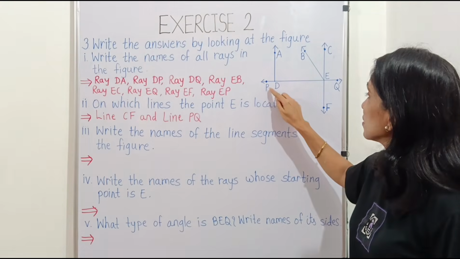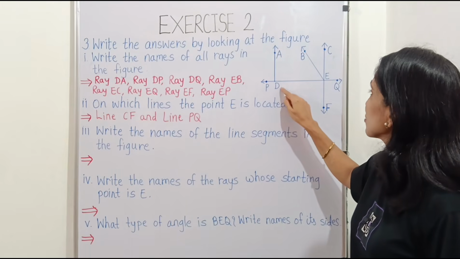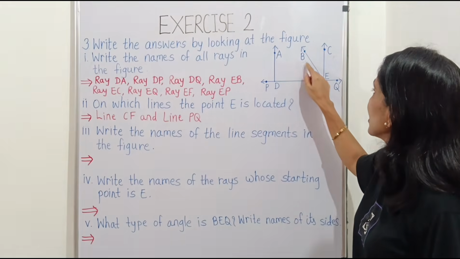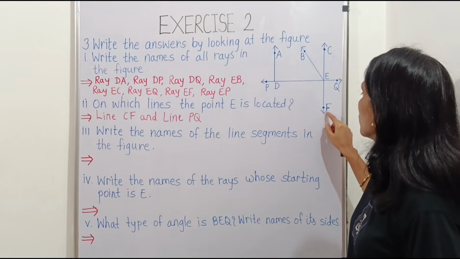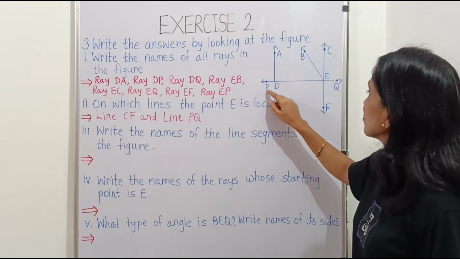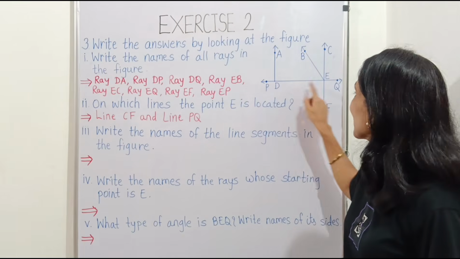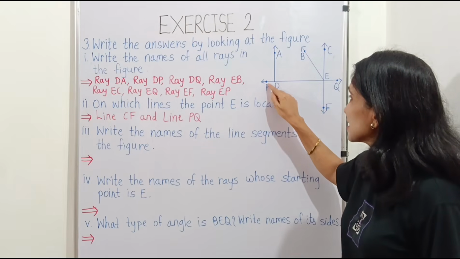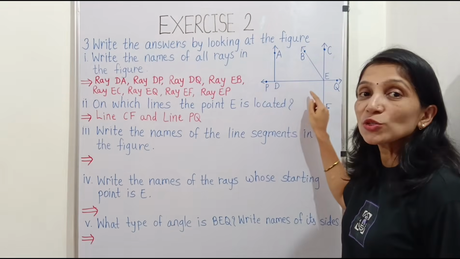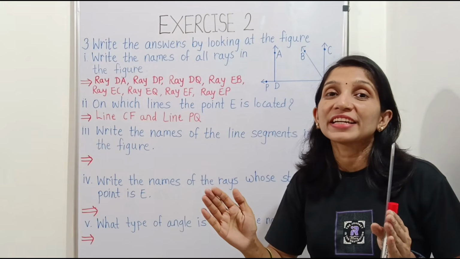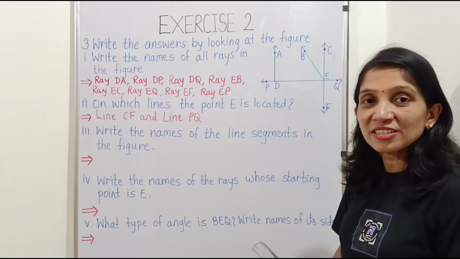So you can write segment PD, segment DA, segment DE, segment BE, segment CE, segment EQ, segment EF, segment PQ. Yes, PQ also we can say as segment because see here points are given. That means we can say PQ is also part of line. Part of line means segment. So let us write some names here.